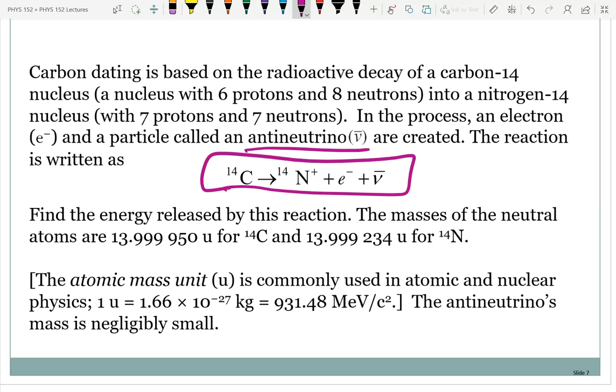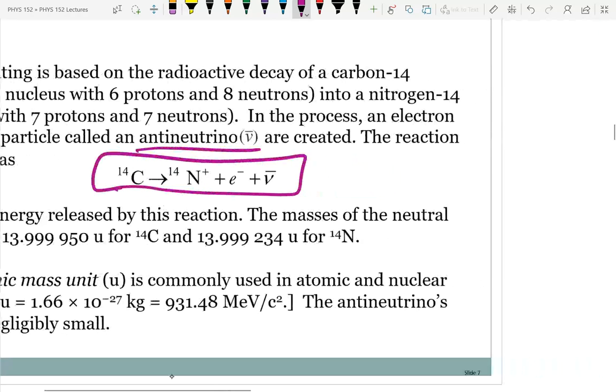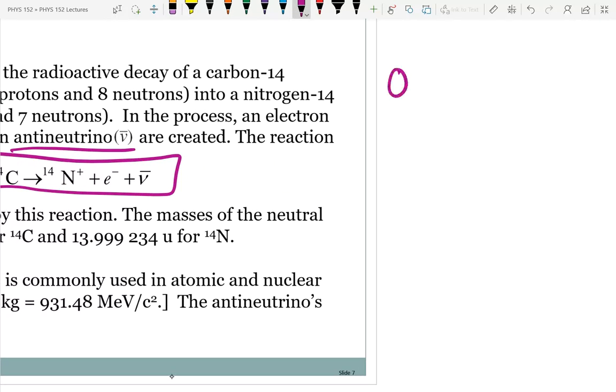So what we do is we say, what was the mass we started with? What's the mass we ended with? We call this calculation the disintegration energy, Q, the energy released when it disintegrated. You started with an energy of mc squared. Let's just do it in long form.